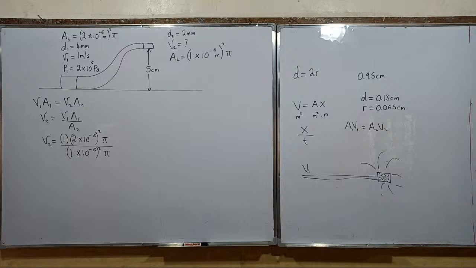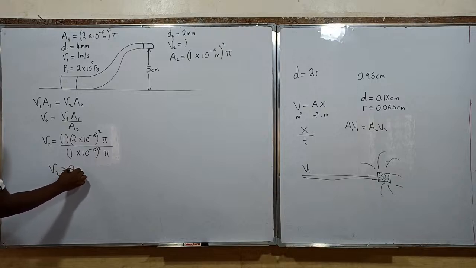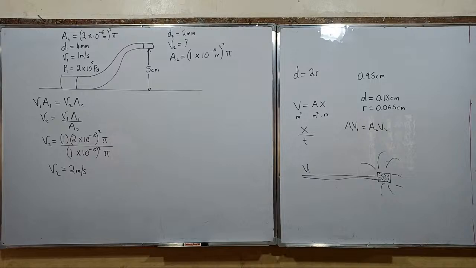If your computation is accurate, your answer should be 2. Velocity 2 should be equal to 2 meters per second. Why 2, not 4? You found 4. Let me see.